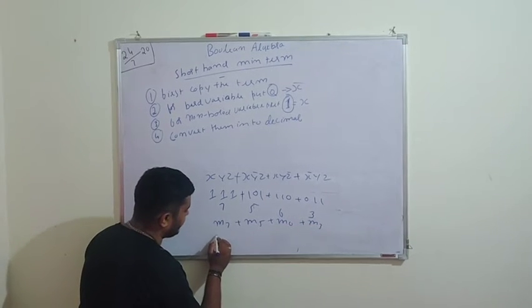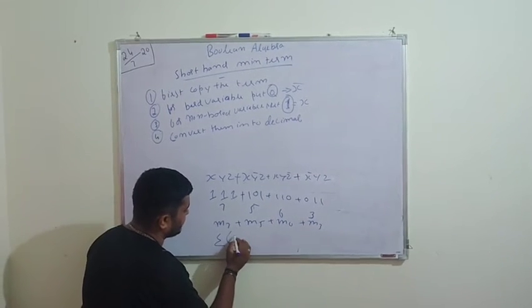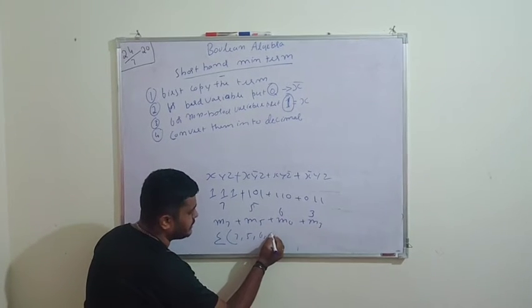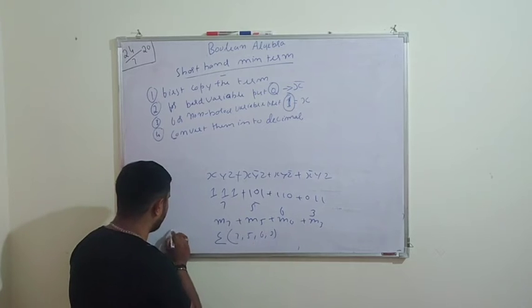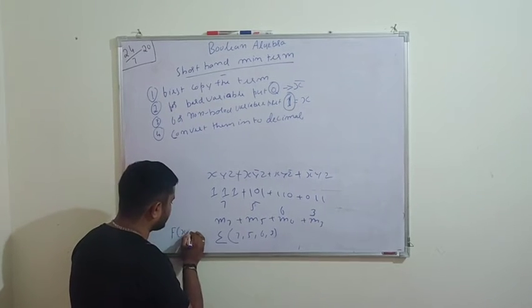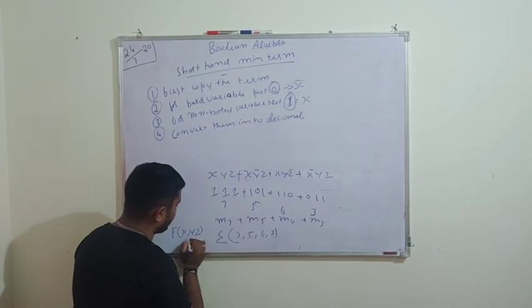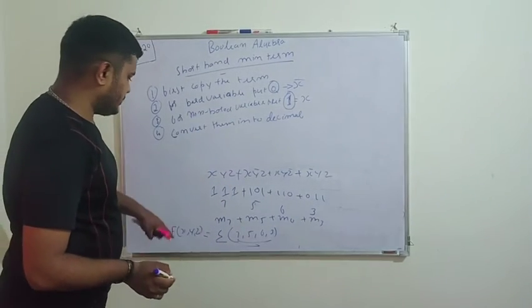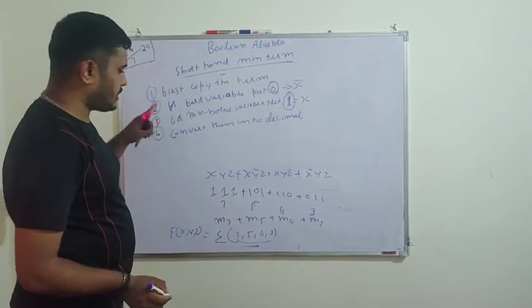So we write sigma of 7, 5, 6, 3. This is a function of x, y, z. So this is what we call a shorthand minterm.